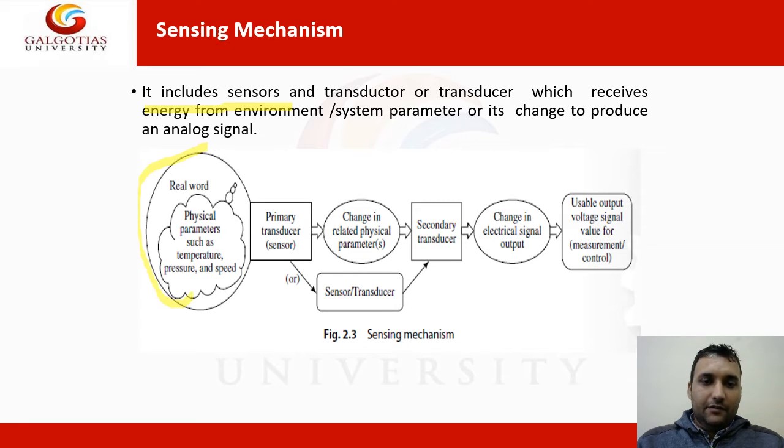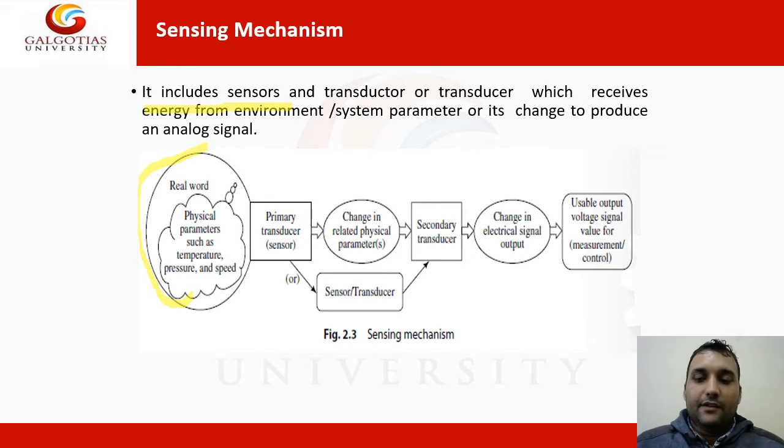This is the real world. In the real world, there are physical parameters such as temperature, pressure, and speed. There is a primary transducer, that is the sensor. This sensor senses these physical parameters. Then there is an analog to digital converter that changes these physical parameters to whatever output is required for the secondary transducer.